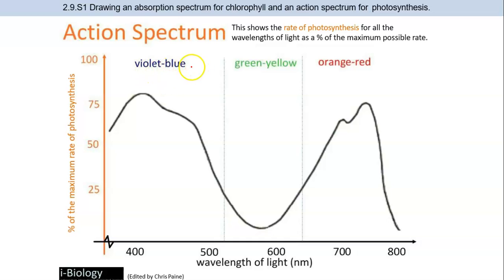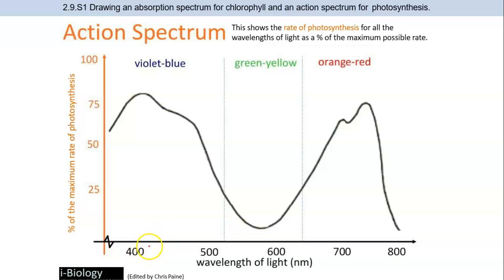The action spectrum is the rate of photosynthesis. What is the rate of photosynthesis? They can measure the rate of photosynthesis based on the wavelength, and then they drew this graph that shows the amount or the rate of photosynthesis.